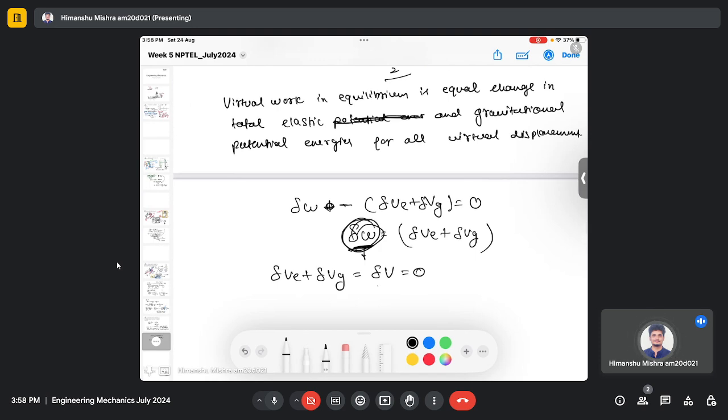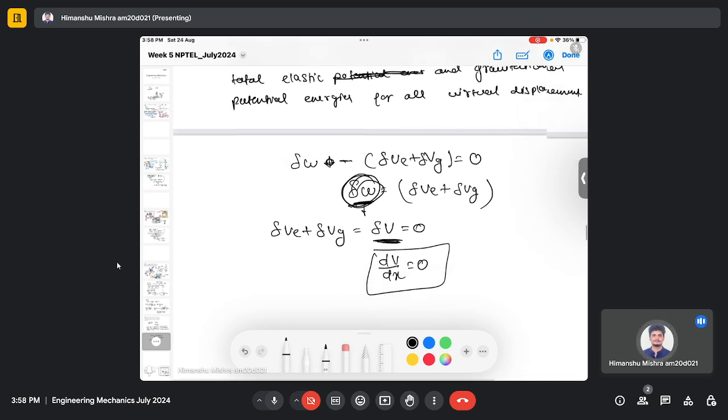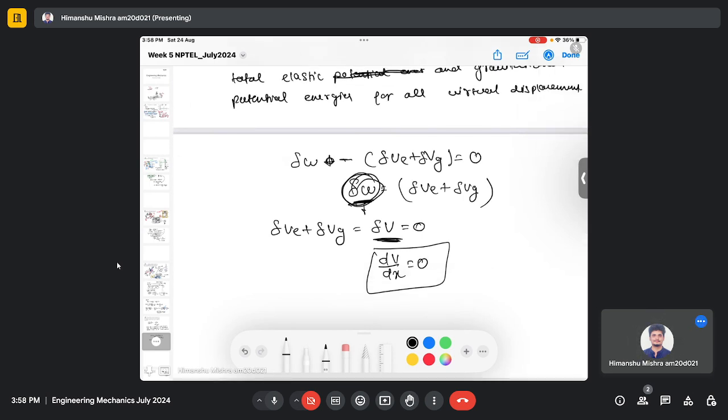And you can write this term, for a single degree of freedom, as dV/dx equals 0. So if the system is in equilibrium, then the derivative of the potential energy with respect to x in a single degree of freedom should be equal to 0, or there is no change in the potential energy when the system is in equilibrium. Here I am just revising the concept to solve the problem using this principle.